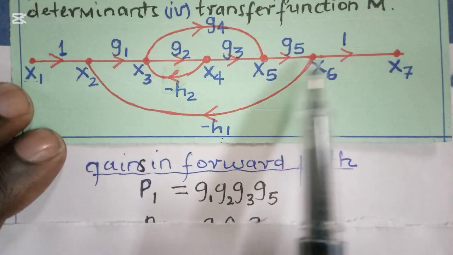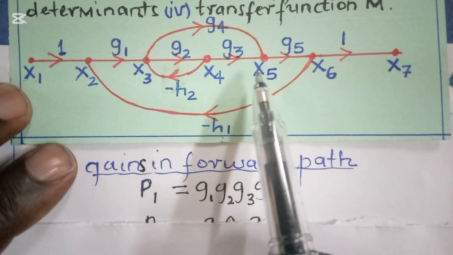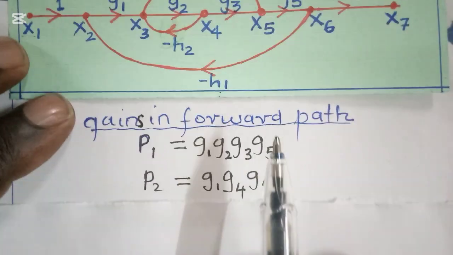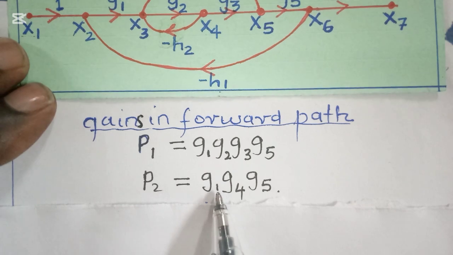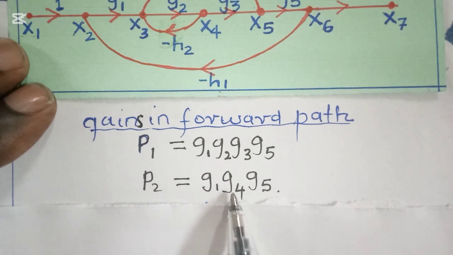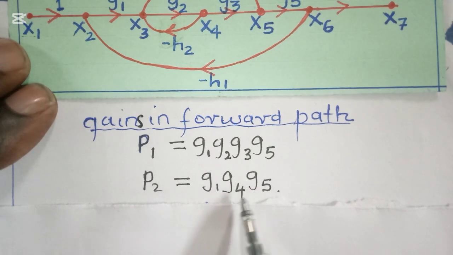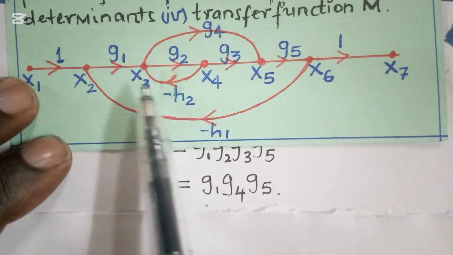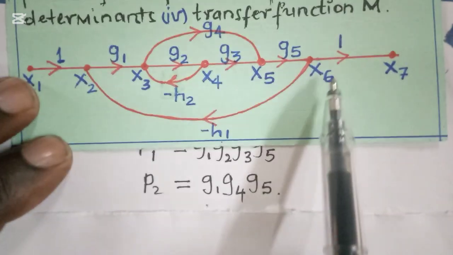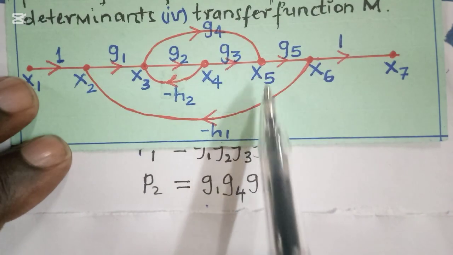As you can see, we have not repeated any node twice. And so therefore we shall now have our gains, which is G1, G4, G5. From there, guys, if we check, we find that we don't have any other route, any other forward path.